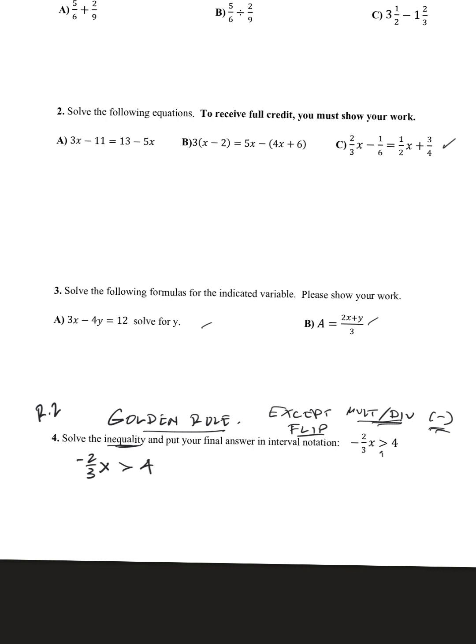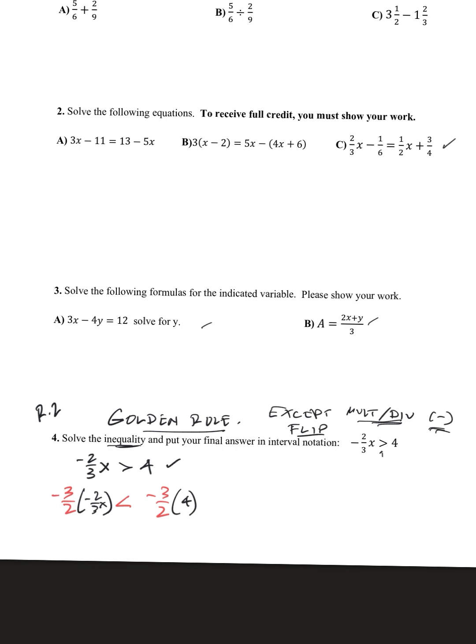And let me change colors here real quick because what I'm going to choose to do, the golden rule I'm going to play, is I'm going to multiply both sides by negative 3/2. And in so doing that, we're going to have to flip the sign. So let me go back and write the work here. We have negative 2/3 x on this side and positive 4 on this side.